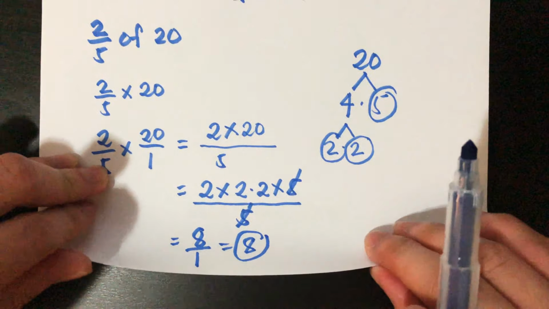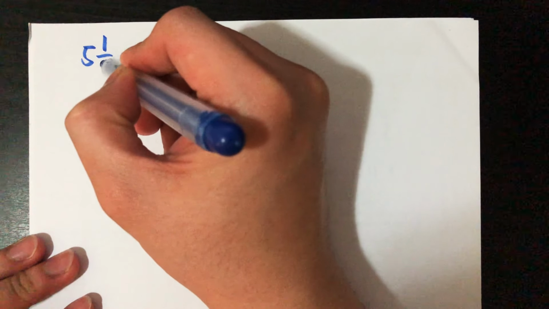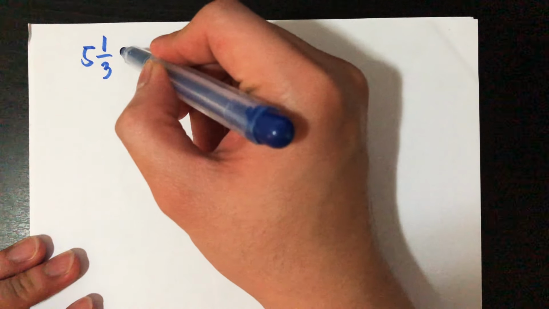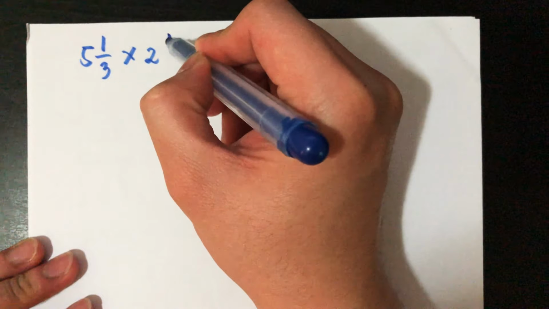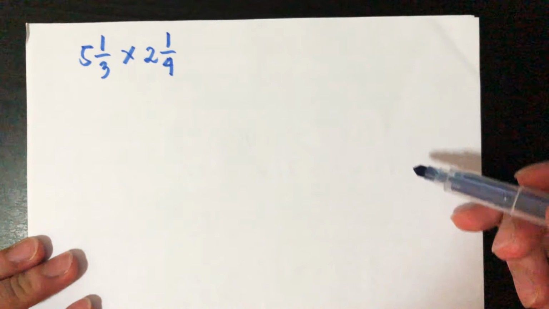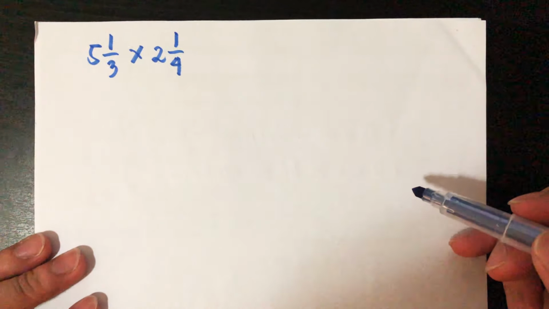Okay. Now for our last question, we have 5 and 1/3 times 2 and 1/4. Okay.